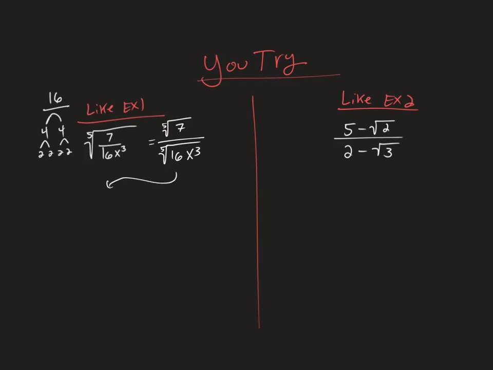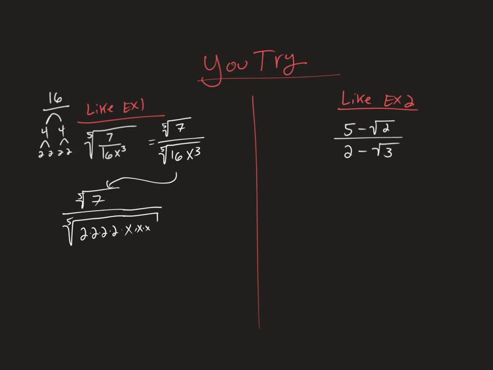So we still have the 5th root of 7 over the 5th root of, well, 16 can be rewritten as 2 times 2 times 2 times 2. Hey, there's 4 2's there. I need one more. And x to the 3rd power is x times x times x. So I'm trying to be really strategic about what I need to multiply by.